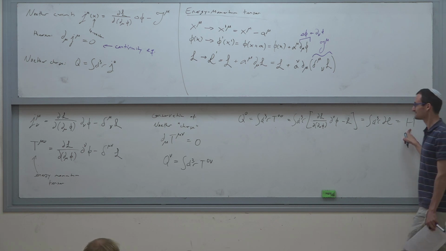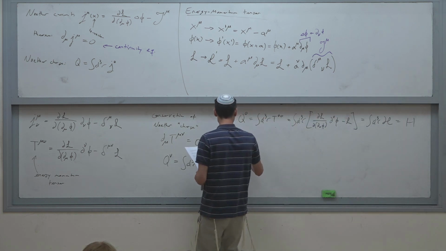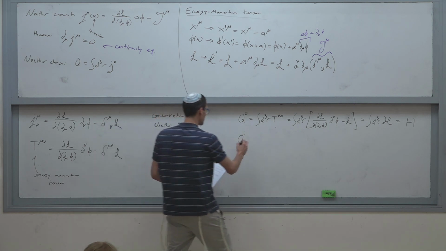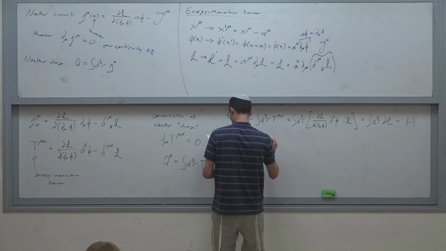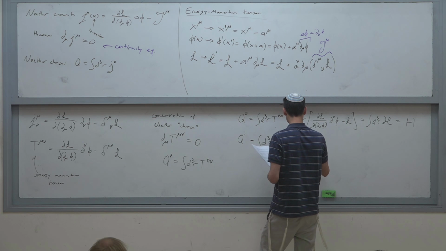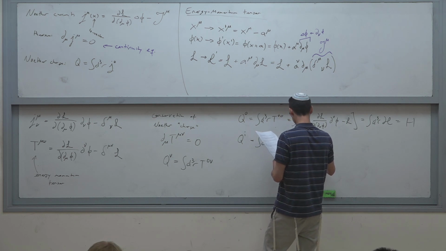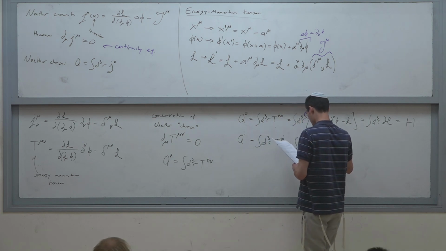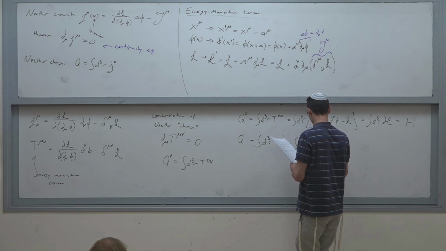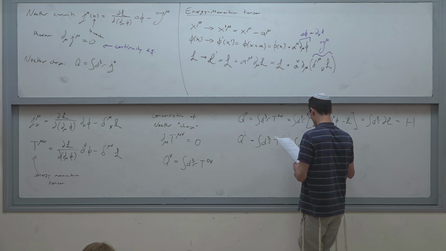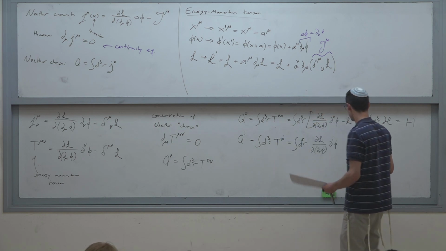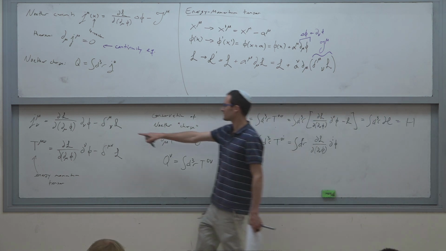Pretty cool, right? Okay, and what about translation in space for i = 1, 2, 3? So it's the integral d³r of T^{0i}. That's the integral d³r of ∂L/∂(∂_0 φ) times ∂_i φ, and no Lagrangian because there's a delta here.